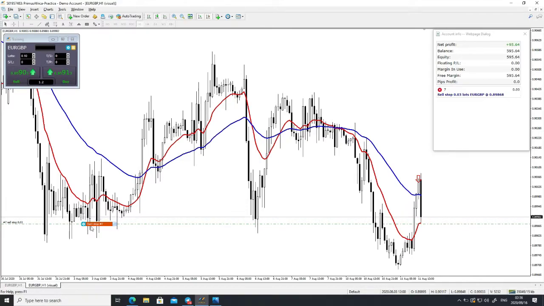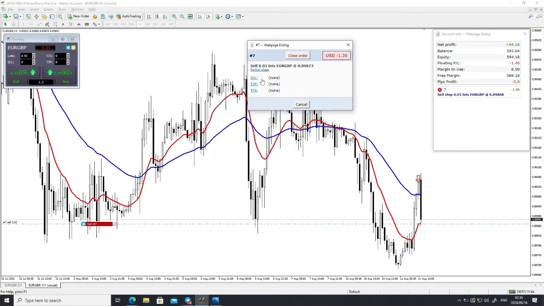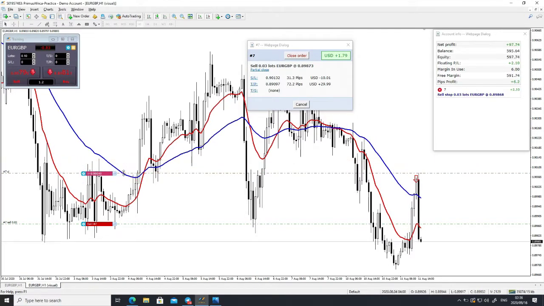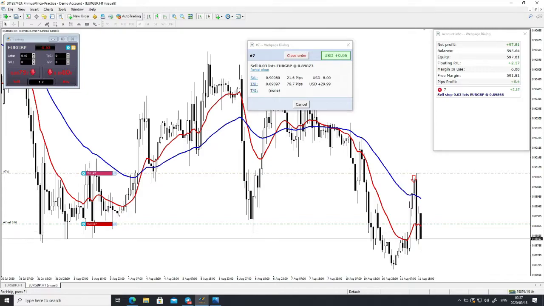And there you go. And bang! The trade is activated, risking $10 to make $30. All right, so we're running a bit of profit, so we're just gonna adjust our stop loss there. So now it's like $8 for $30.